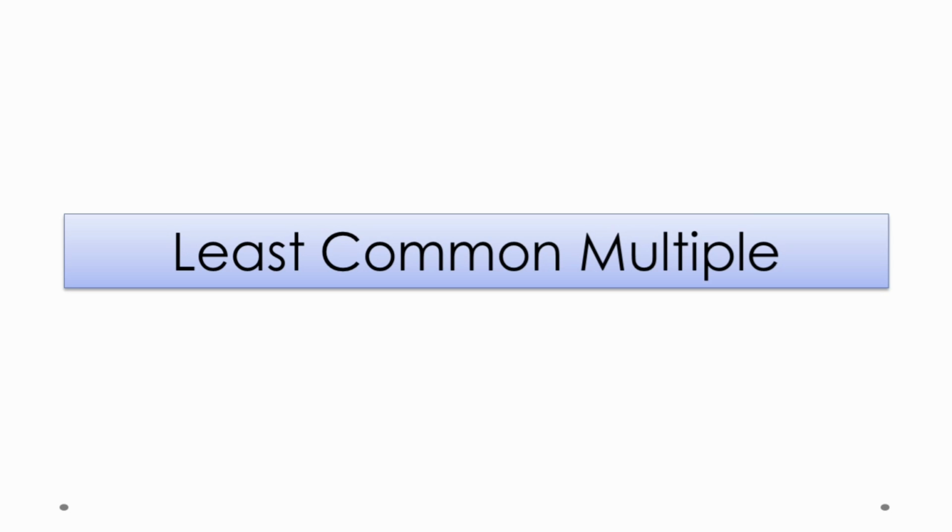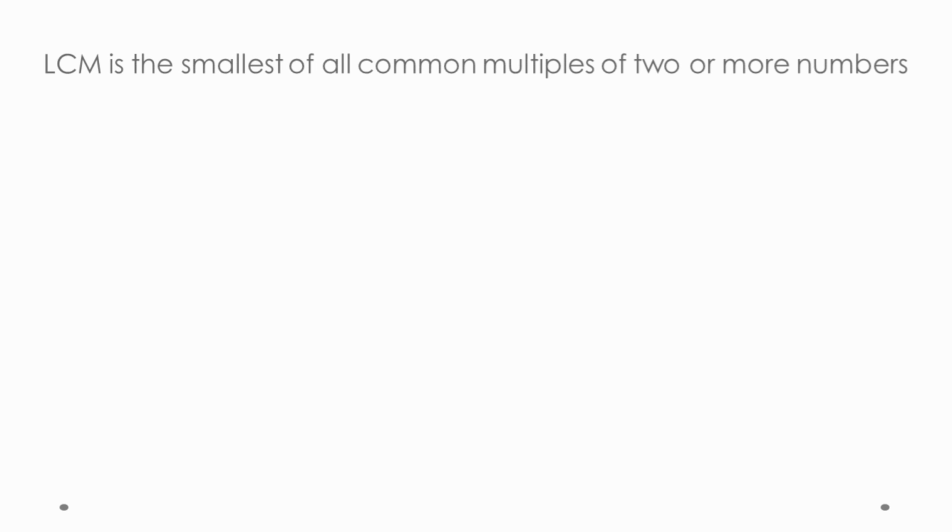Now let's move on to least common multiple. LCM is the smallest of all common multiples of two or more numbers. Let's understand this with the help of an example. Let's list the multiples of 5, 10 and 20. Multiples of 5 would be 5, 10, 15, 20 and so on.